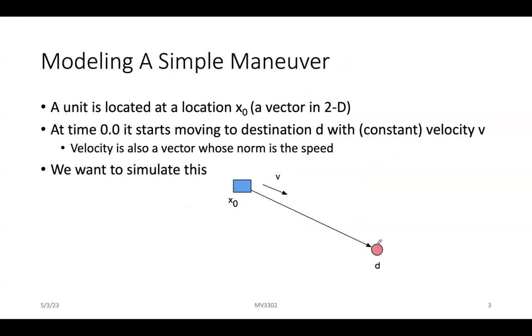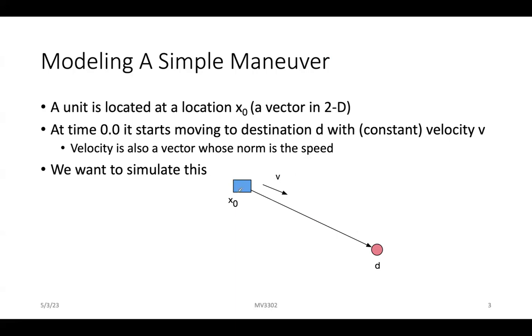Okay, so what's our basic problem? Let's reduce the problem down to its most basic form. I want to model things that move around in a two-dimensional world. The basic element of that is one maneuver.